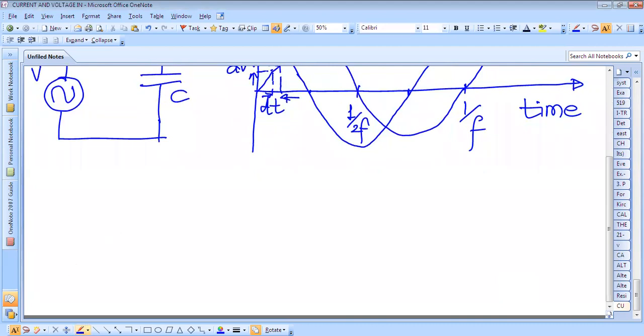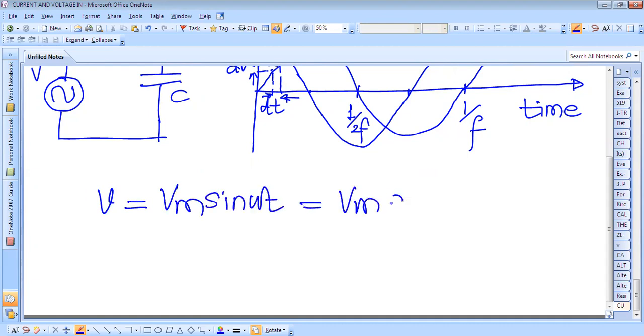Therefore, suppose the instantaneous value of the applied voltage to the capacitor having capacitance C is represented by v. This instantaneous voltage is equal to Vm sine omega t, which is equal to Vm sine 2 pi f t. This is equation number 1.